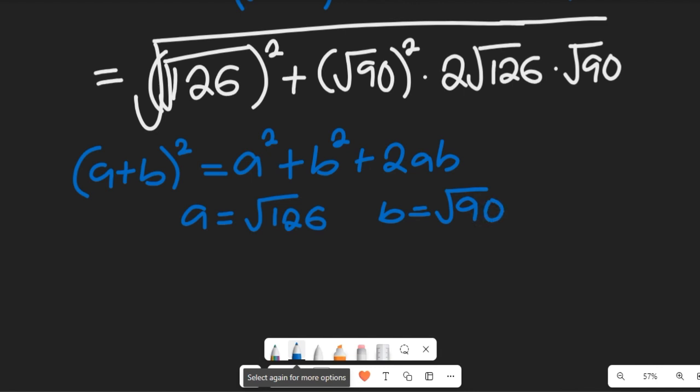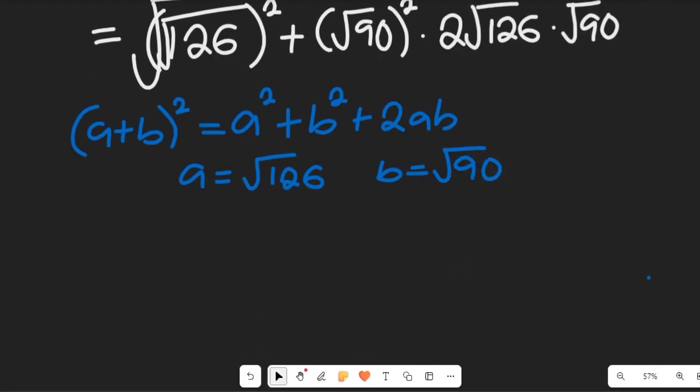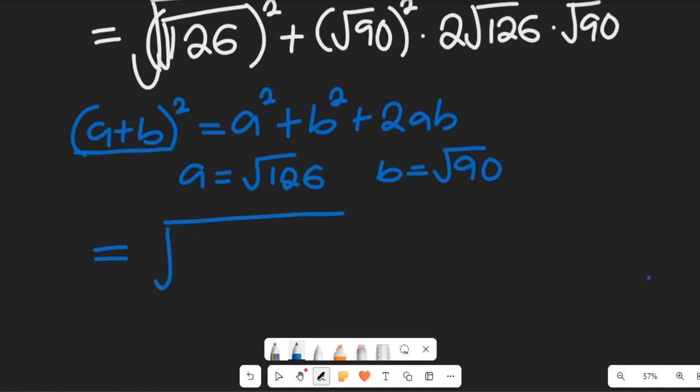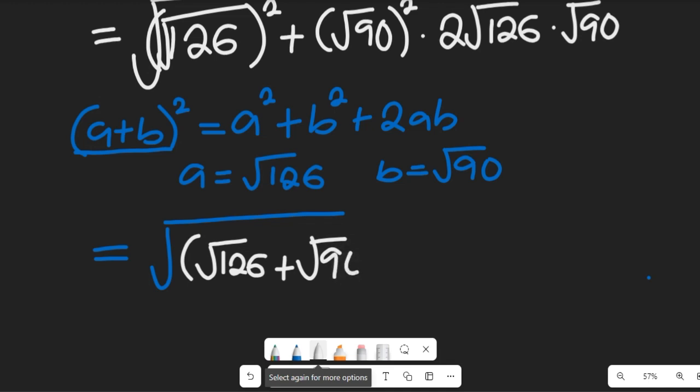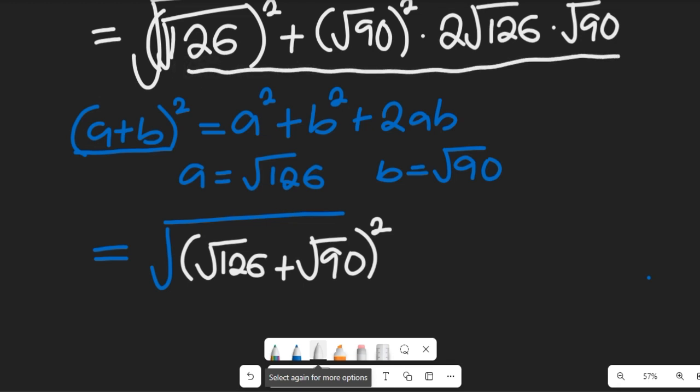Now if that gives me that, what I simply need to do is to exchange this data. So that means this is going to simply give me the total square root of 126 plus the square root of 90, all squared, and that is what this whole expression is going to give me.